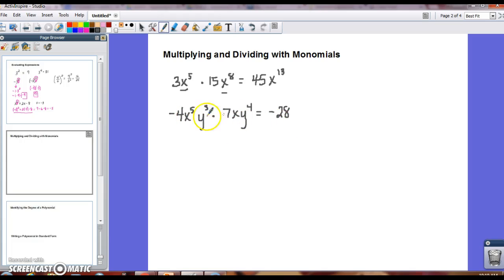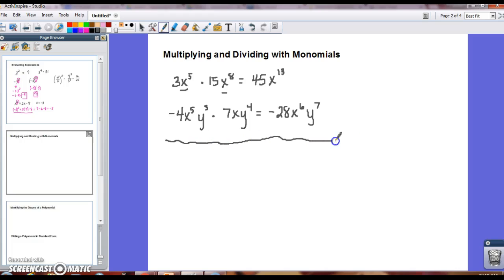So x to the 5th times x to the 1st, because there's no number written there, so that's just 1. If I add 5 and 1, that gives me 6. Then look at your y's. y to the 3rd times y to the 4th. You're adding your exponents, and that gives you y to the 7th. So multiplying is very, very straightforward. Just make sure that you add those exponents.